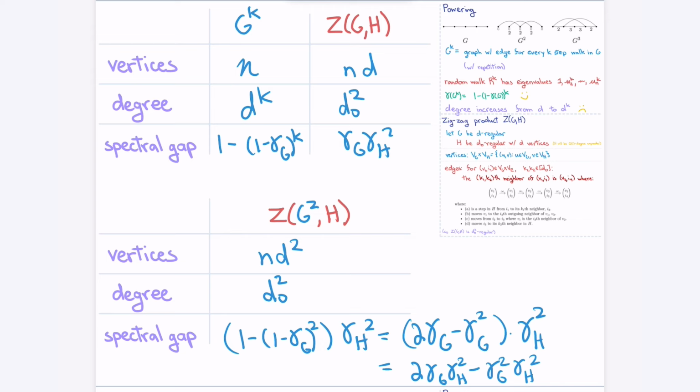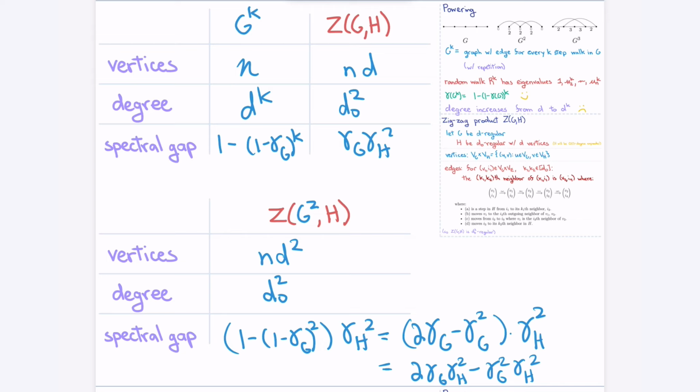And once gamma G is large enough, then you're just done. So you're only worried about gamma G being small. You're going to roughly double it, and then give back a little bit because of gamma H squared. So if gamma H squared is bigger than 1/2, you'll make some progress. We only need this to be like 1.01 to get a win.